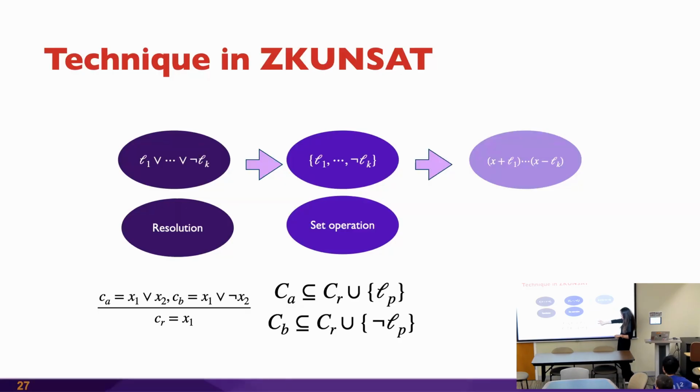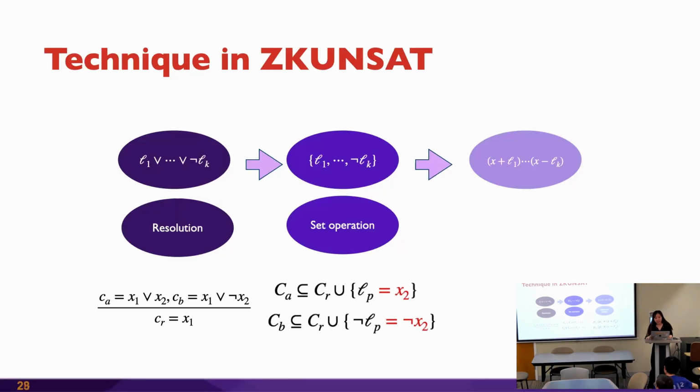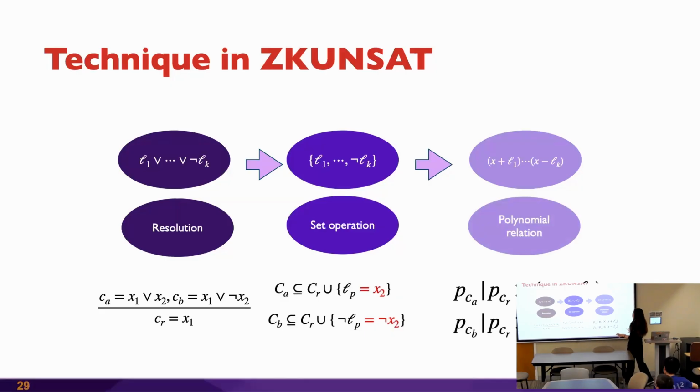That is how we think about resolution in the language of sets. Then this constraint over sets can be further reduced to a divisibility relation between polynomials. Recall that the roots of the polynomial are the elements in the set, so if the relation between the sets holds, then their corresponding polynomials should satisfy this relation.